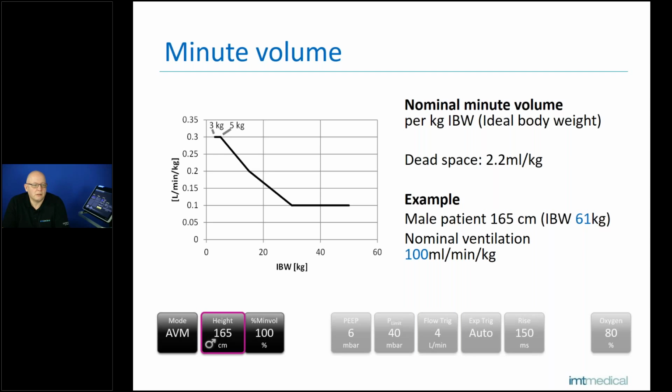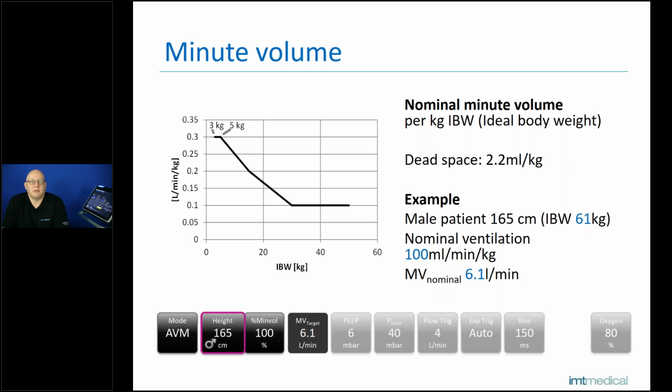And this means, at the end, 61 times 100 is 6.1 liter per minute. And this means if I go up to 110, this will be 10% more, 6.7. If I go down 10%, it's 90 milliliters per kilo. This will be 5.6. So this percentage can be easily replaced by milliliters per kilogram per minute.